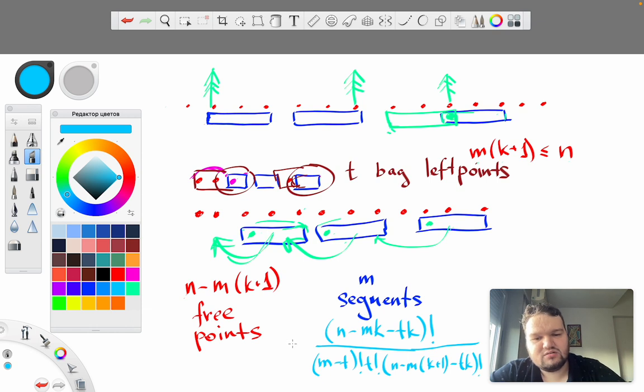And also for segments which we did not fix to be bad, we can choose either the left or right endpoint to be where the tree is situated actually. So it's 2 to the power of m minus t.